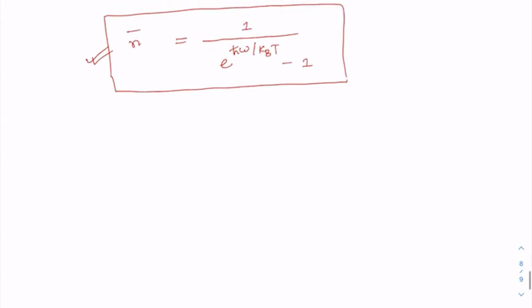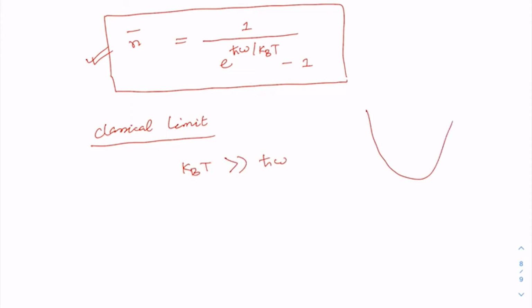For example, in the classical limit, your quantity kBT is much greater than h cross omega. What I mean by that, in the context of harmonic oscillator, is that this harmonic oscillator is going to behave classically because the thermal energy would be much larger than the energy spacing between two energy levels.